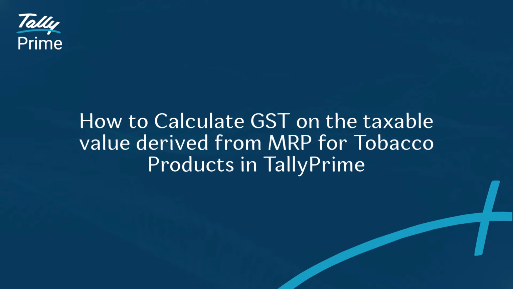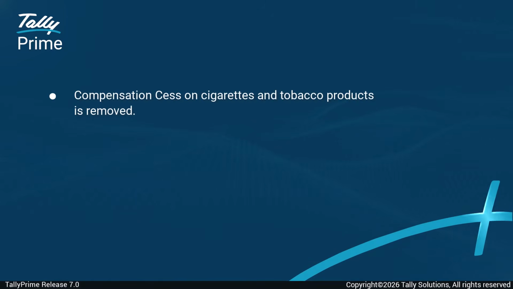As per CGST notification number 20, dated 31st December 2025, the government has notified the following changes effective 1st February 2026. GST compensation cess has been removed on cigarettes and other tobacco products.